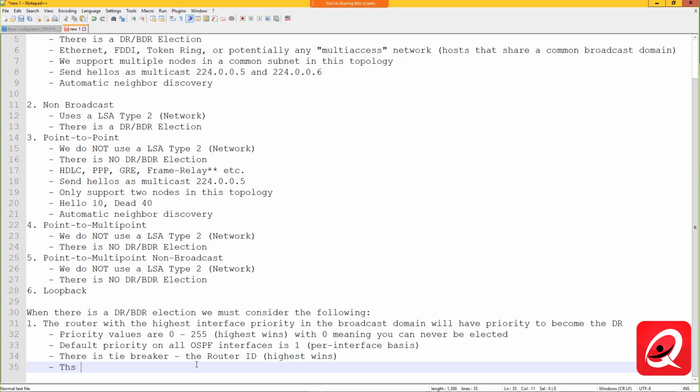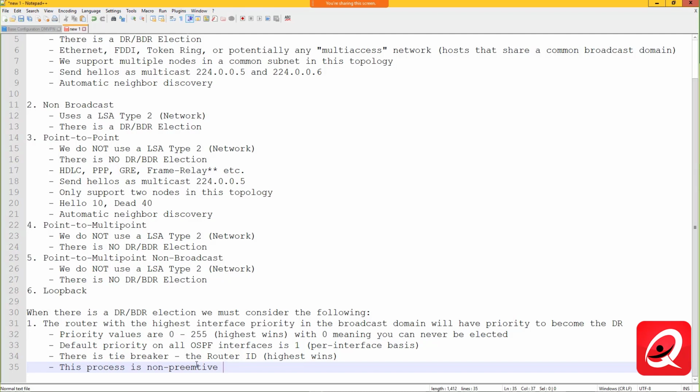All right? However, this process is non-preemptive. Some people might define it as non-preemptive, some people might define it as preemptive. Certainly a router can preempt the role if it thinks it's lost connectivity to the DR. So if I'm a BDR and I believe that I've lost connectivity to the DR, there's nothing that says that, in fact, it's by design, I would go ahead and preempt that role and take over the role as the DR. Okay?